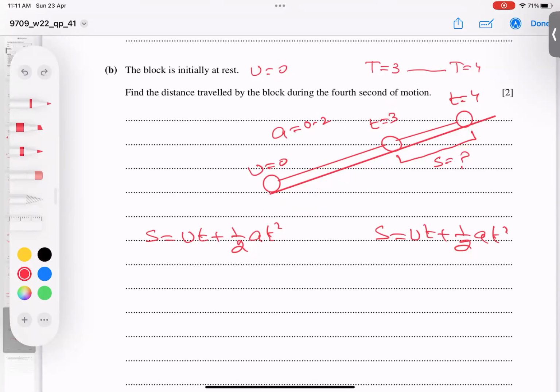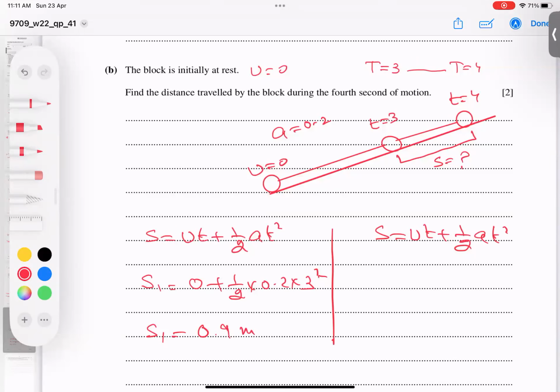So first of all, S1, and U is 0, so gone, half times 0.2 into 3 squared. So half into 0.2 into 9, and my answer is coming 0.9 meters.